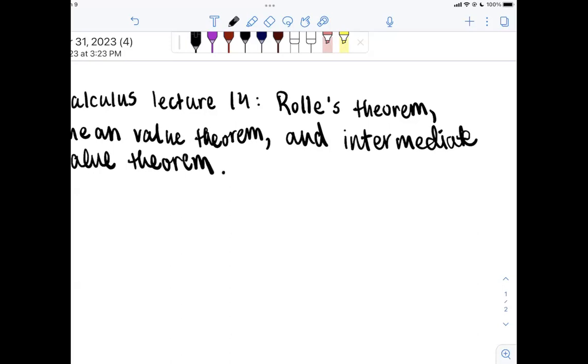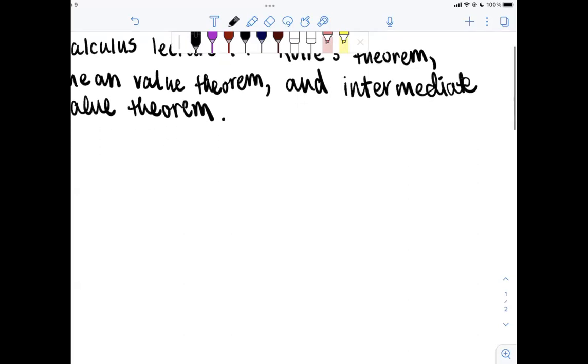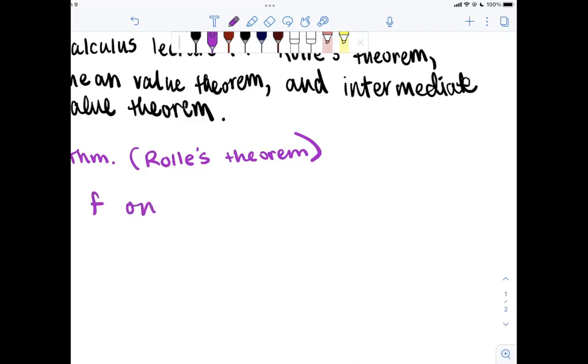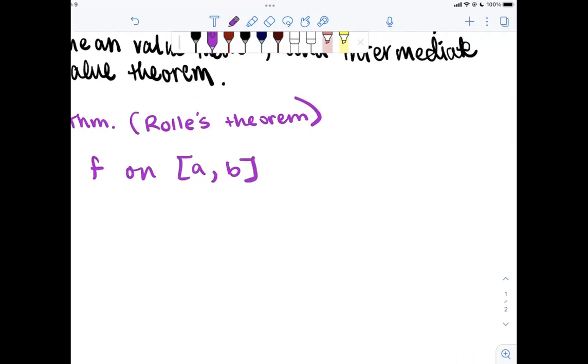Okay, so let's start with Rolle's theorem. Mean value theorem is the generalization of Rolle's theorem. All right, so say we have some differentiable function f on some interval ab. And suppose, moreover, that f of a equals f of b.